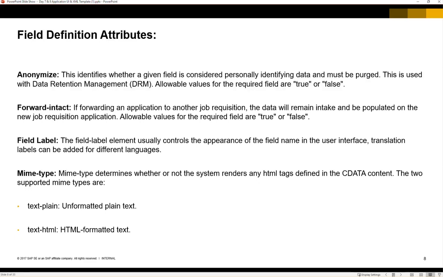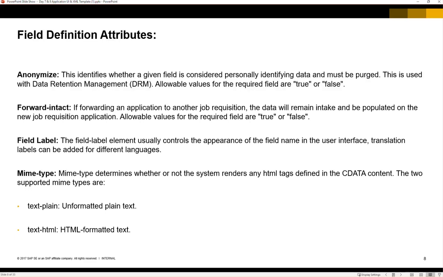So for example, if there's a field called first name or something like address or contact phone number, this is all data which could be considered personally identifiable, meaning if you have someone's phone number, you can identify who that person is by their phone number. It's unique. So when we're removing data from the system, we need to have these values set as anonymized equals true, so that when we delete a candidate profile or an application, in this case, that we anonymize that data and it's removed from the system.